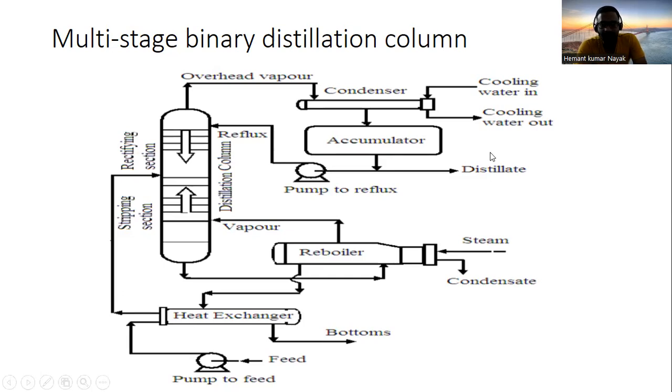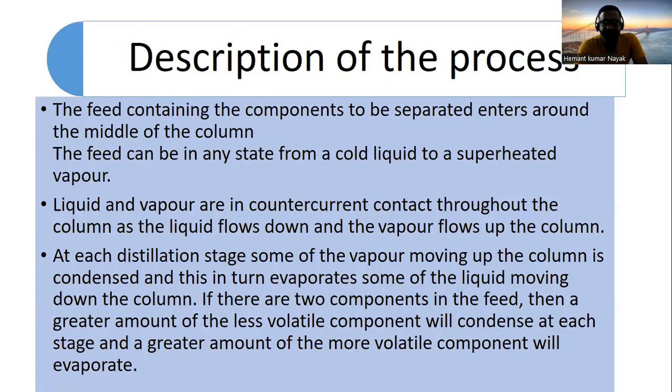I have already explained this in the previous slides. Now the description of the process, whatever phenomena happen in the distillation column. First, the feed containing the components to be separated enters around the middle of the column.